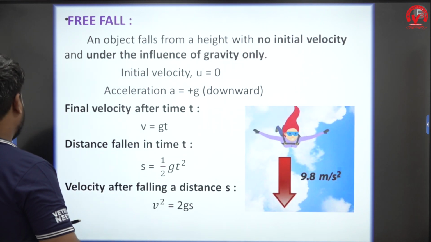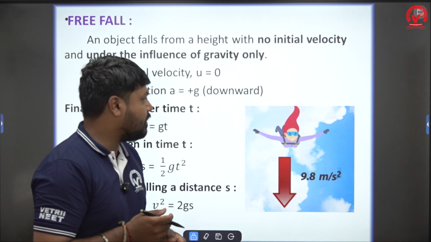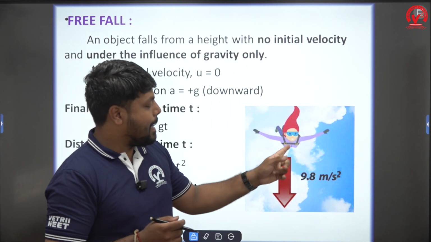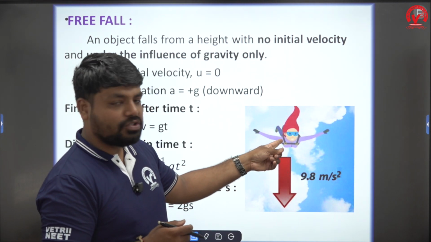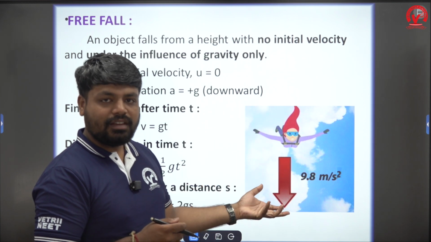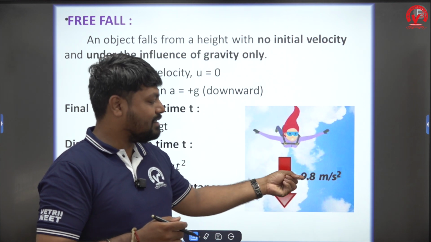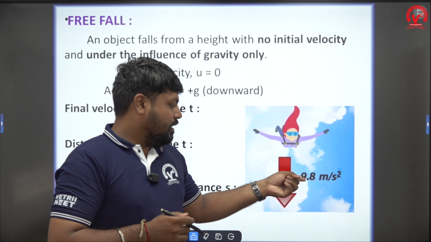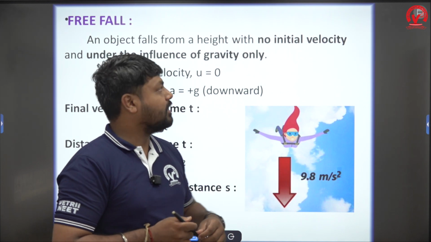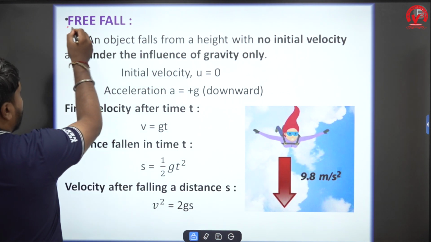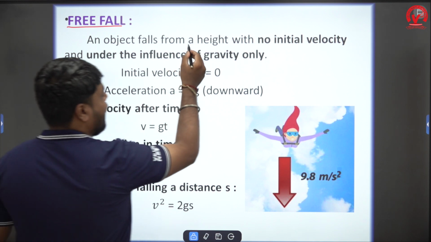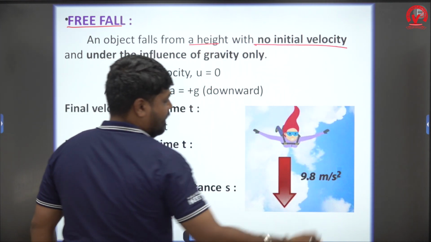First one is the freely falling body. See here, a woman in a parachute is falling freely. So her acceleration is how much? 9.8 meter per second square. Freely falling body means an object falls from a height with no initial velocity.